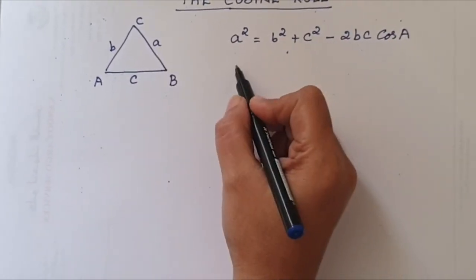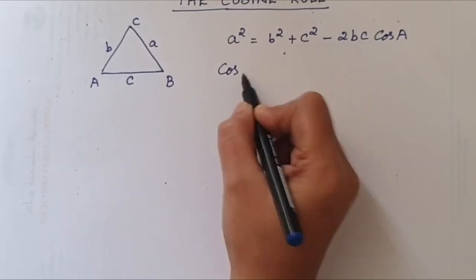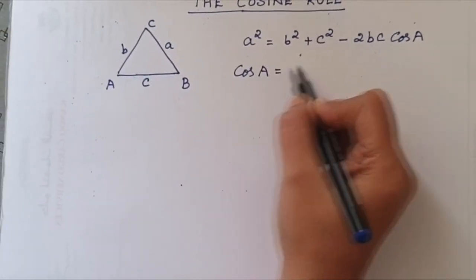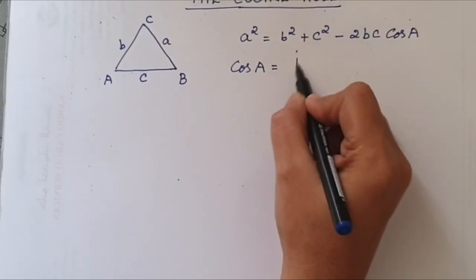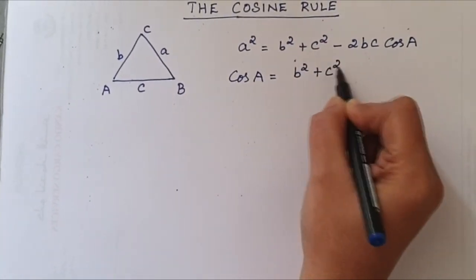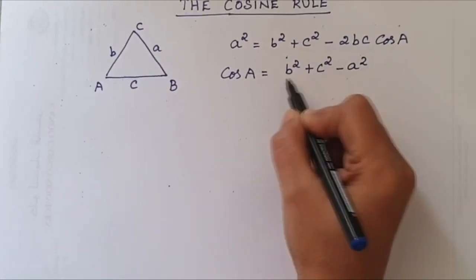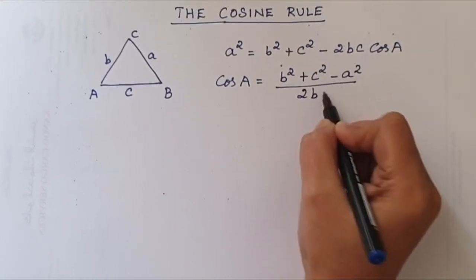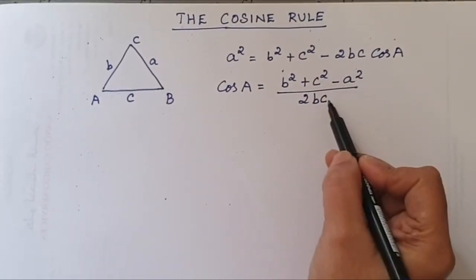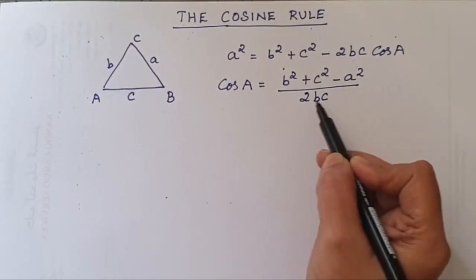Suppose you need to find the angle, the same thing can be rearranged as cos A will be equal to b square plus c square minus a square divided by 2bc. So the same thing is rearranged and we are using it to find the angle.